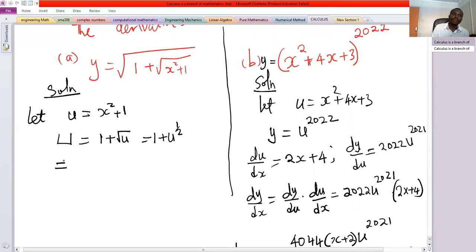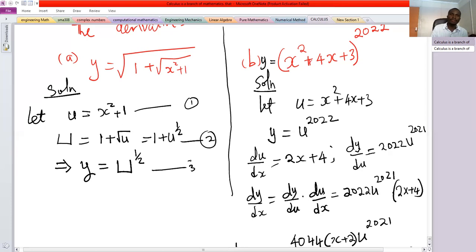And so by that substitution, y will be capital U raised to power half, because everything inside the square root sign is capital U, and square root is the same as raised to power half. So I can call this one equation 1, this one 2, this one 3.